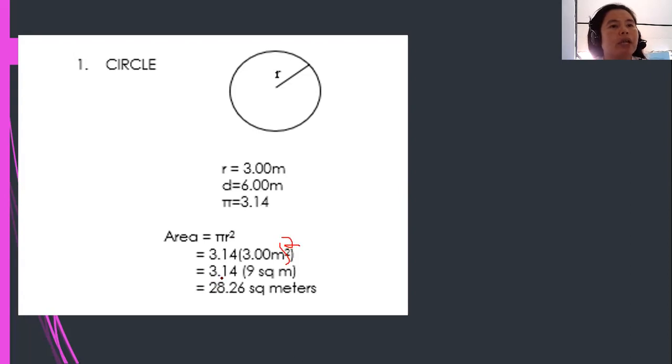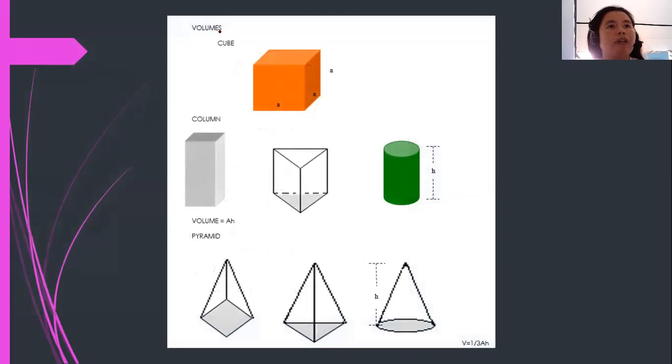So 3 times 3 is 9 square meters. And then you multiply 3.14 by 9 square meters. The answer is 28.26 square meters.